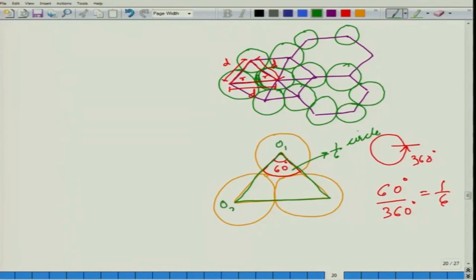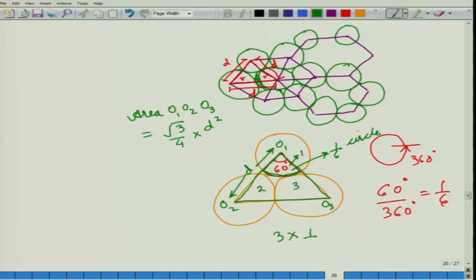So, let us call this triangle O1, O2, O3. Now, this triangle has a side of d. Because this is an equilateral triangle, the area of the triangle is given by root 3 by 4 into the side square, which in this case is d square. If we consider these 3 sectors of the circles, sector 1, sector 2 and sector 3, all these 3 sectors are 1/6 of a circle.